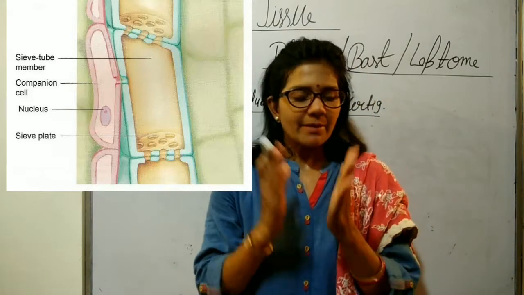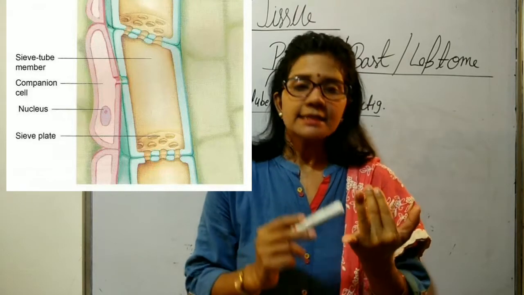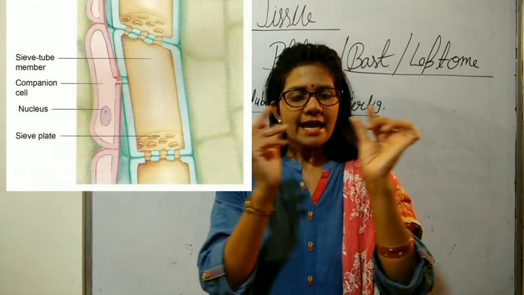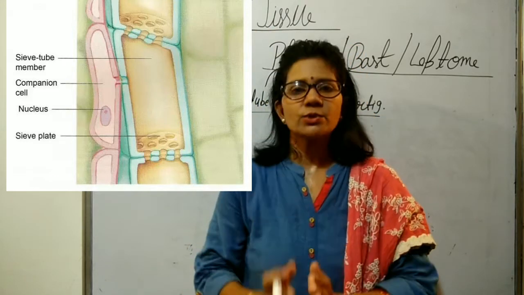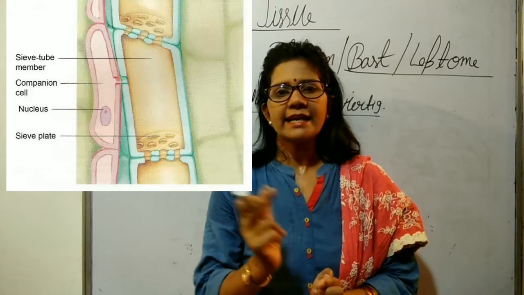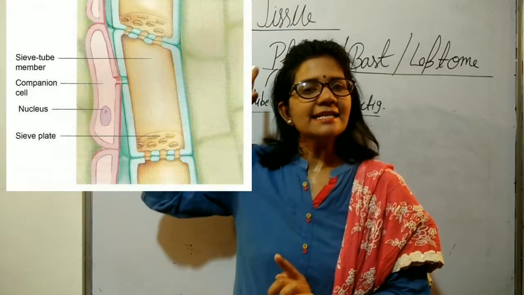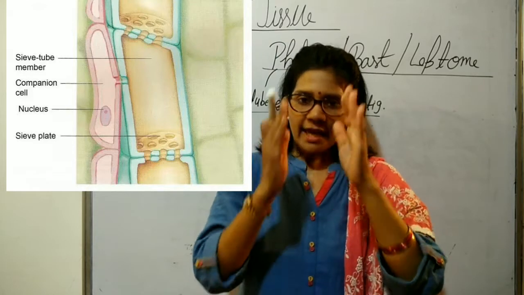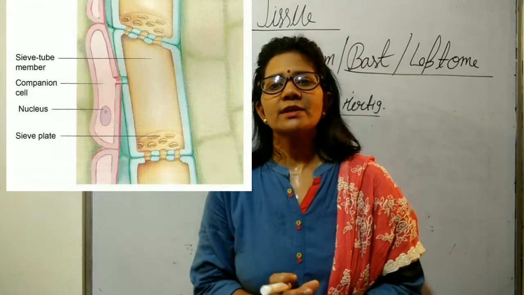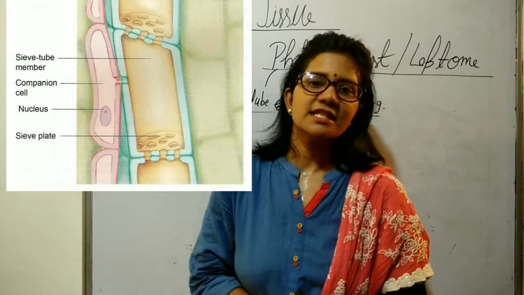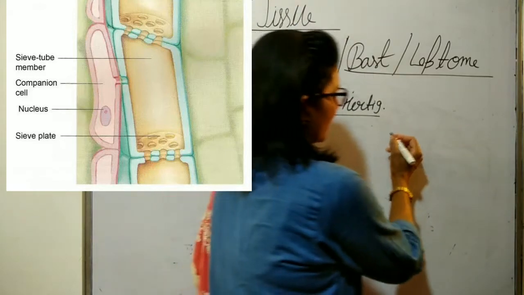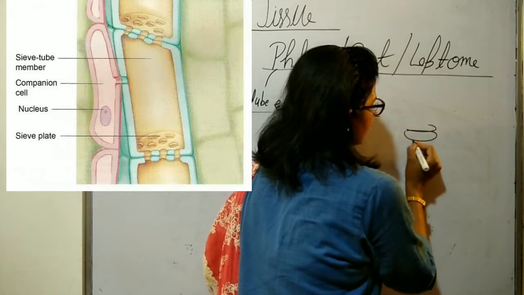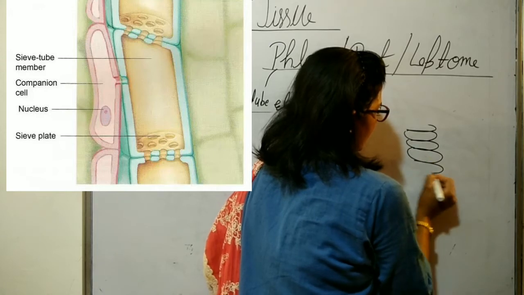So let's keep in mind that these are elongated, tube-like cells. These cells are arranged in a longitudinal series. And when cells are arranged in longitudinal series, like the vessels, their transverse walls become perforated, so that it forms a particular plate-like structure known as the sieve plate. So let's see what it looks like.